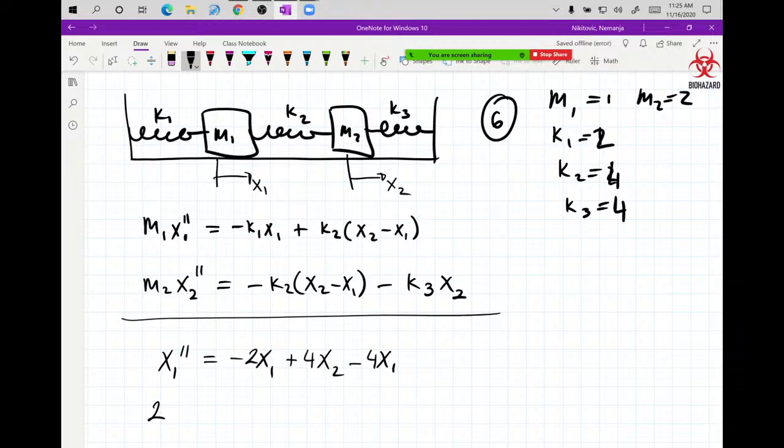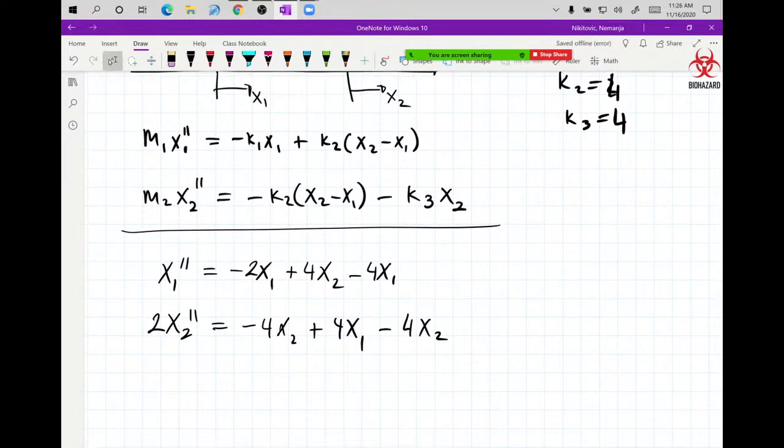Over here I have 2x2 double prime equals to, and I have now minus 4x2 plus 4x1 minus 4x2.